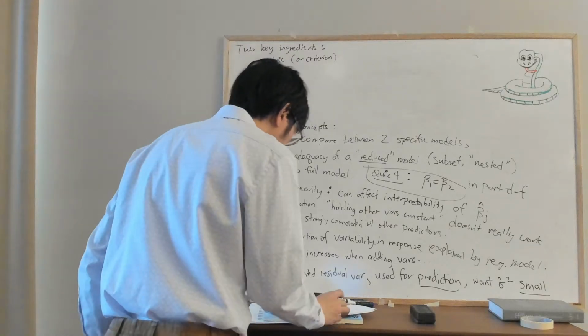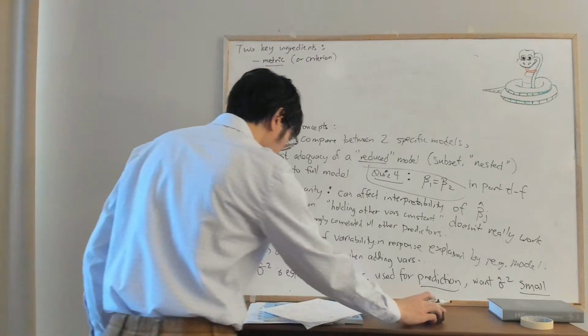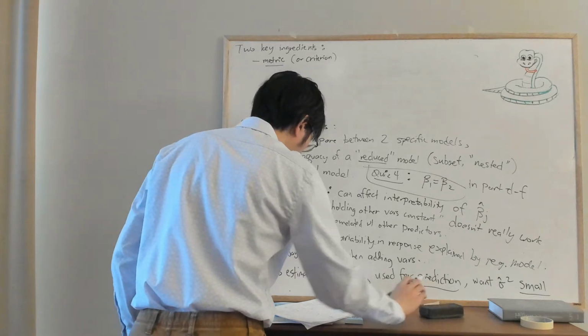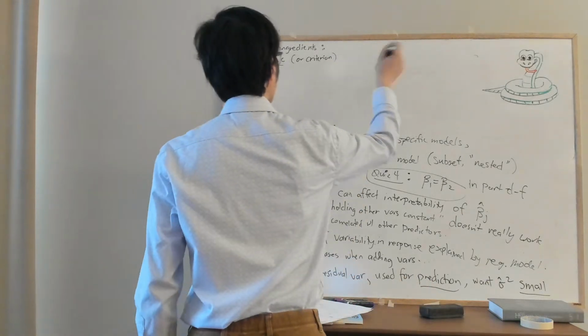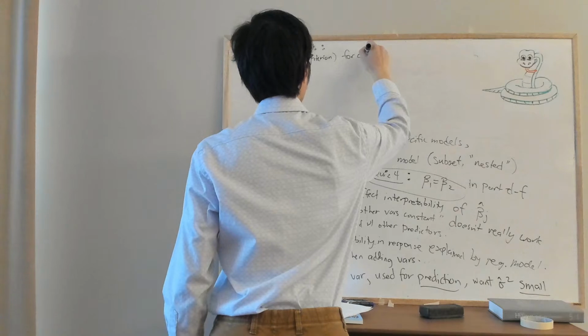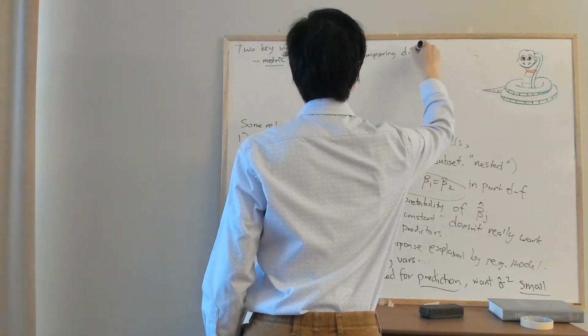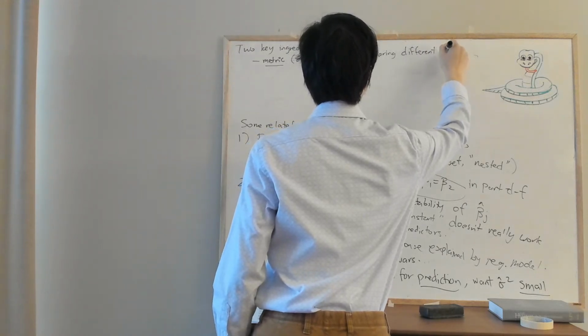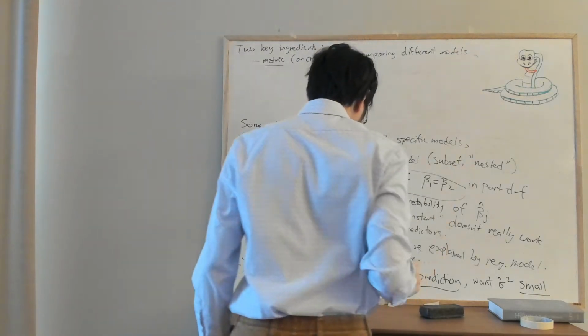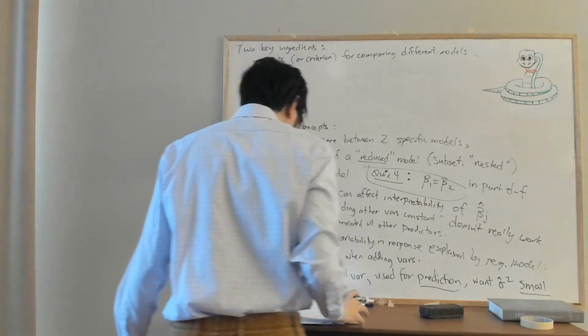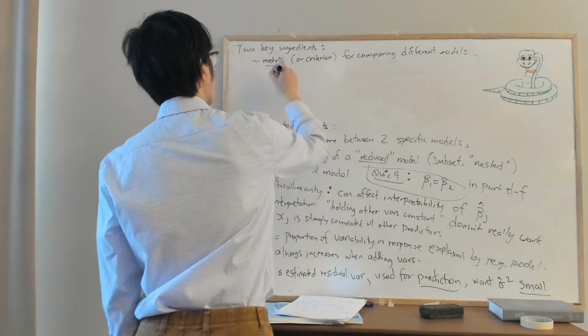We need to develop some criteria that can tackle that problem: a metric for comparing different models with potentially different numbers of predictors.